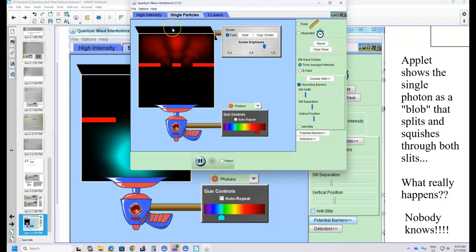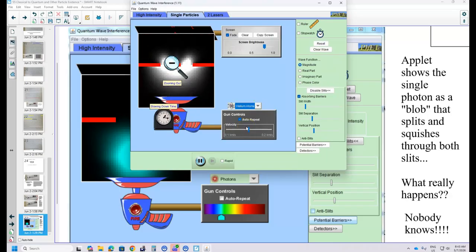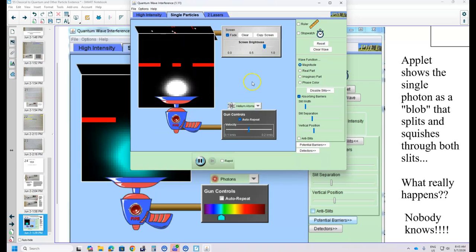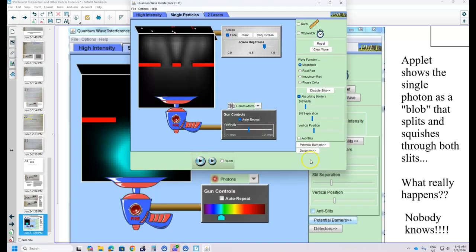See how one single particle landed there and then one single particle landed there, and so on. You just auto repeat here, and it'll keep going and gradually fill in an interference pattern, right? And we can switch to firing in nuclei of helium atoms as well, and you get that same result, right?